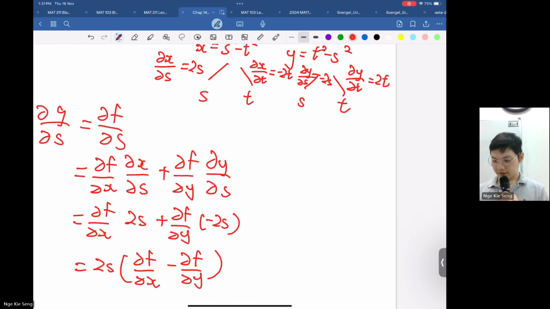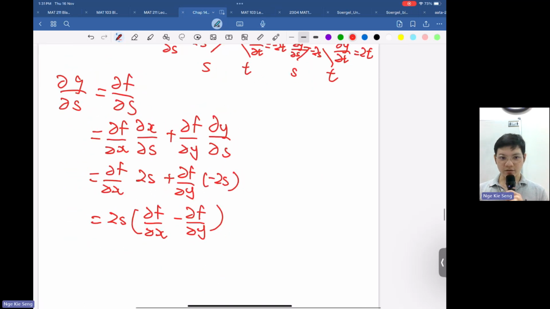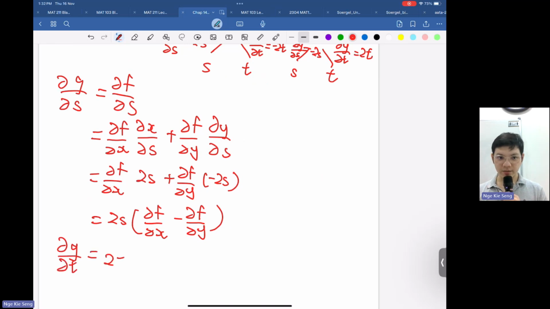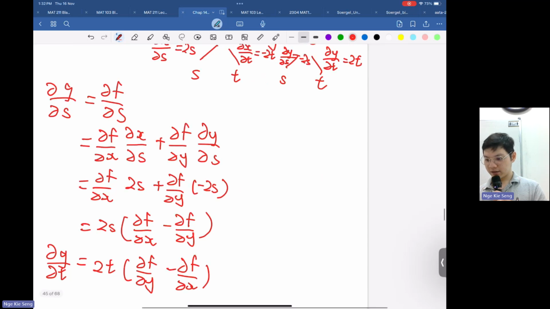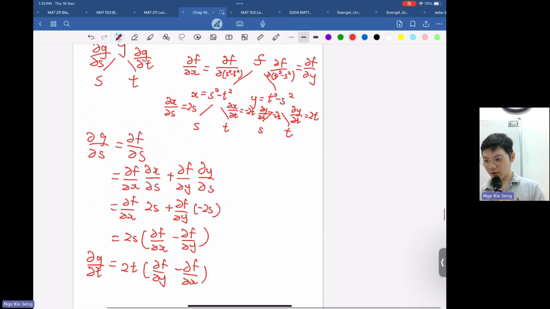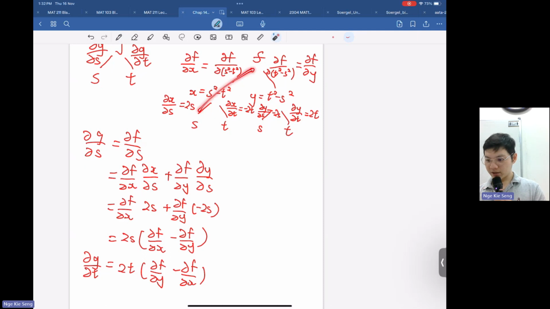Similarly, in the same spirit, del g over del t, you should get 2t times del f over del y minus del f over del x, if you go through the same computation. Why the negative swap?